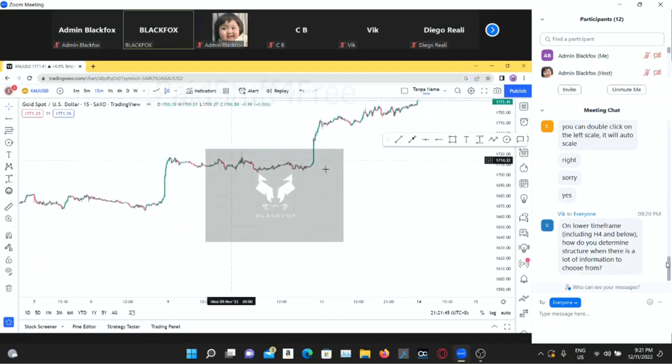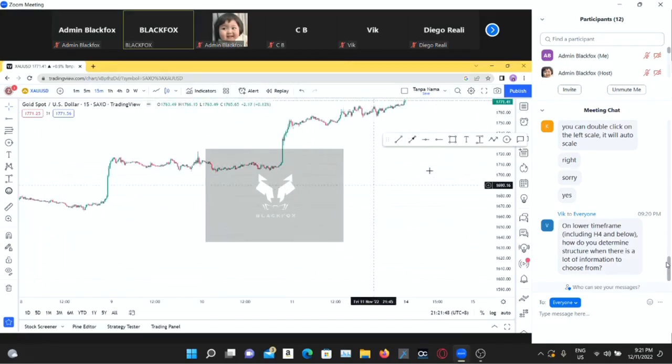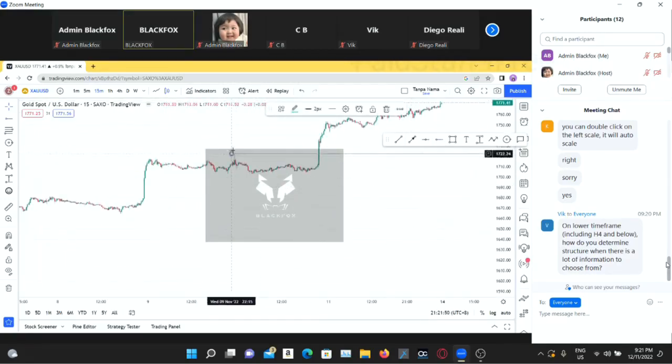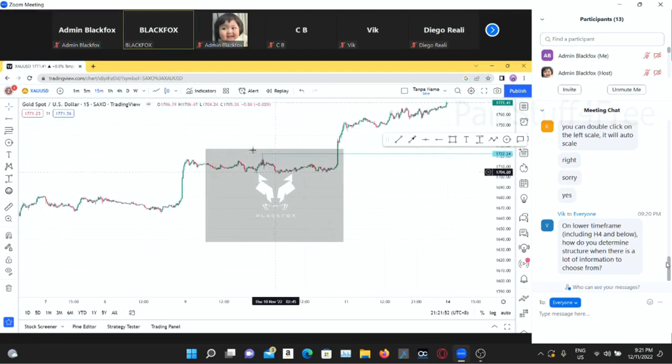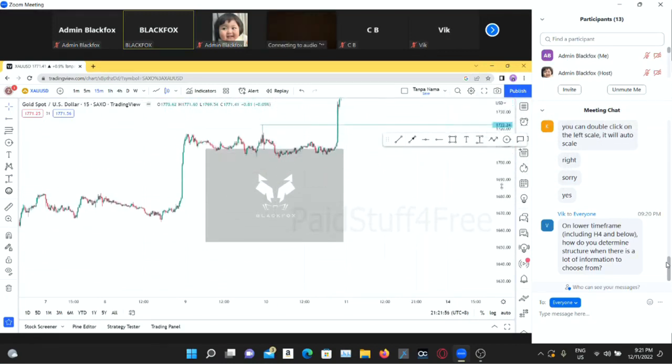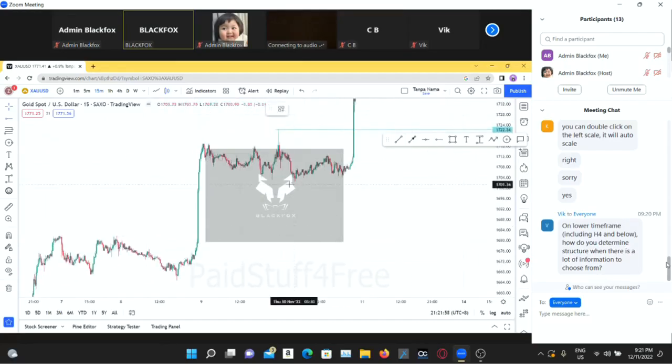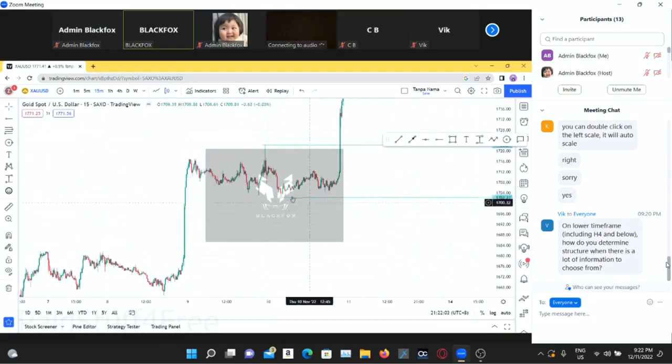Do you guys understand? For example, just take the shadow. This one is the highest, so this one is high. The lowest is this one. So take this for higher low.